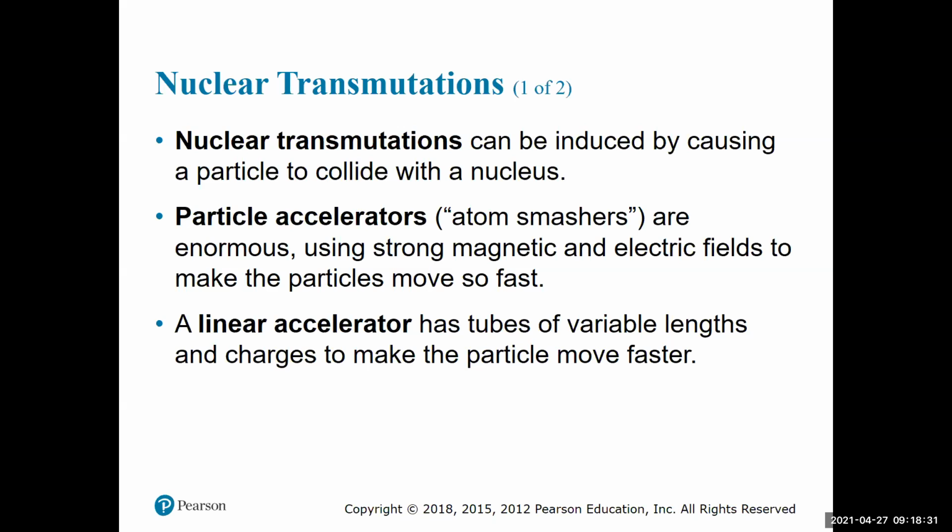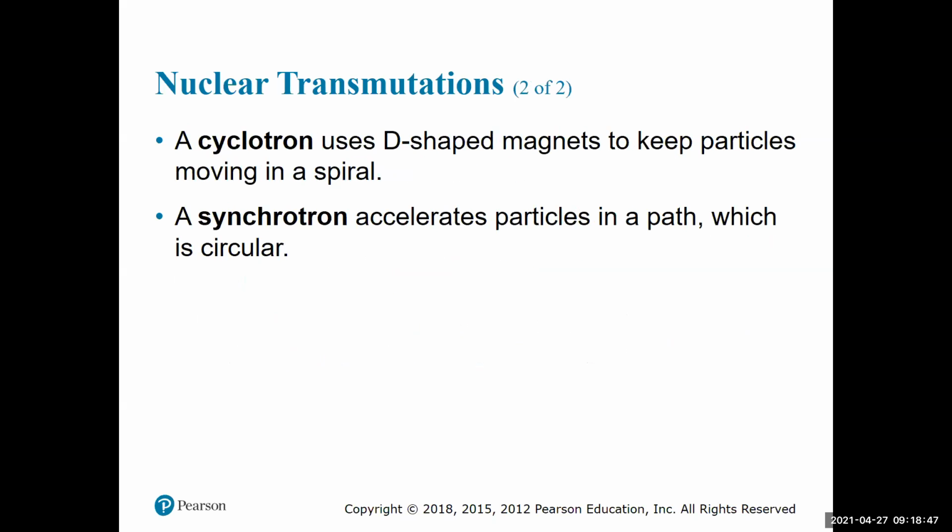I think there are some pictures of these in your textbook. I didn't bother to put them out. These particle accelerators and linear accelerators are just huge, huge things. There's only a handful of them in the world. If you want to see the pictures, like I said, I think they're in the book.